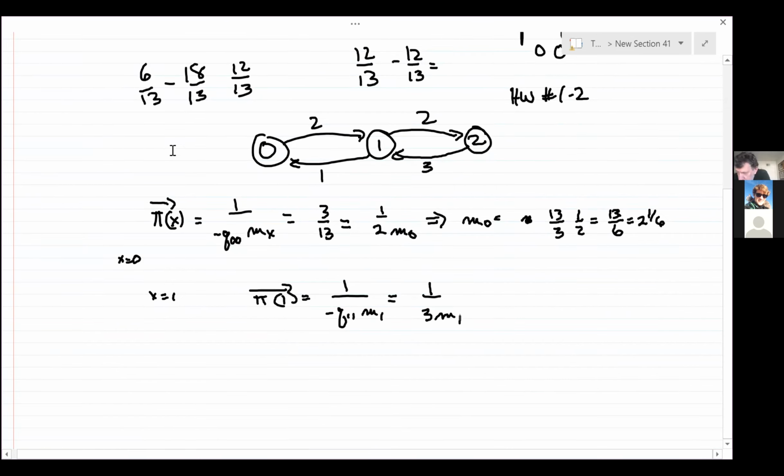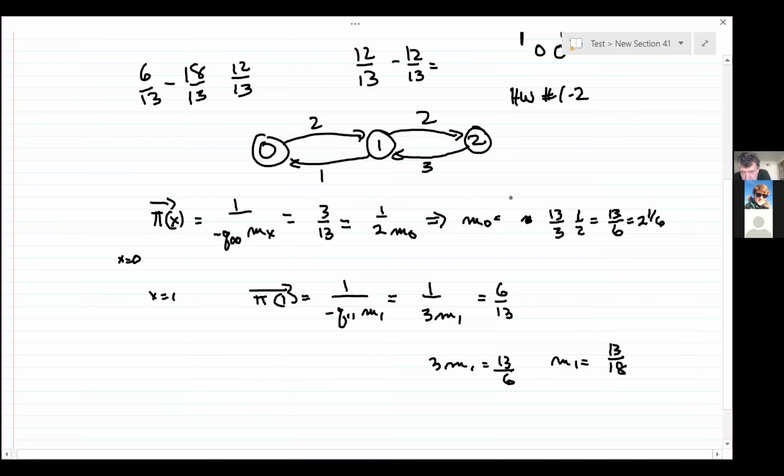So if you set this equal to 6/13, you could invert this, getting 3m1, and that's equal to the reciprocal of this. And then you can just simply divide by 3 to get that m1 would be 13 over 18, which is a little less than 1.